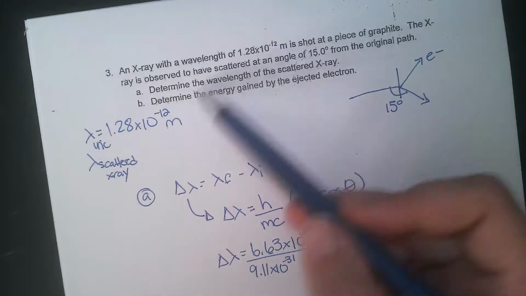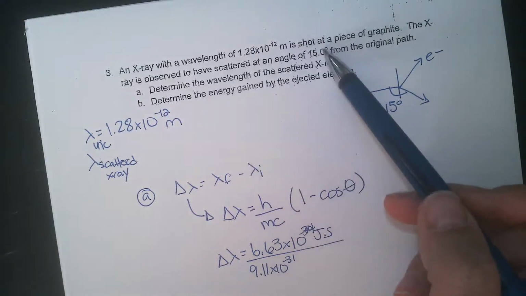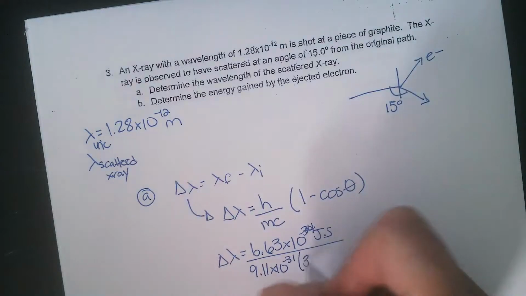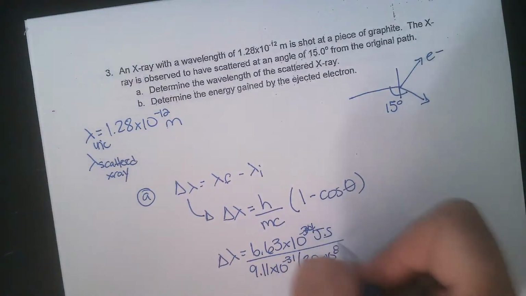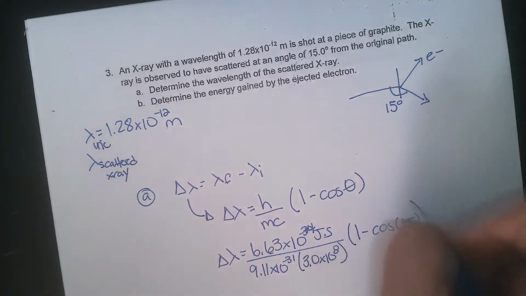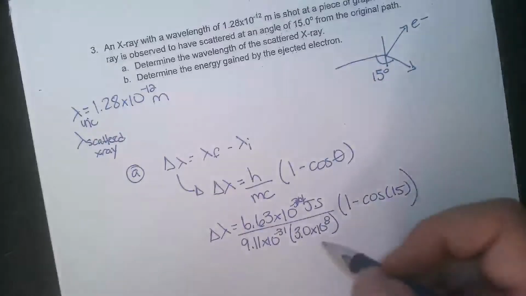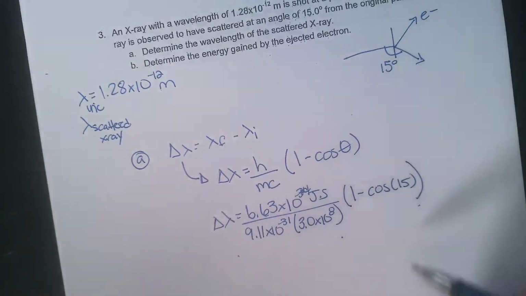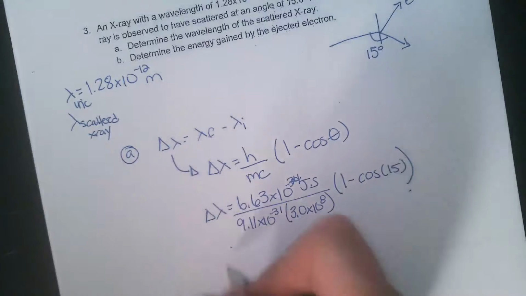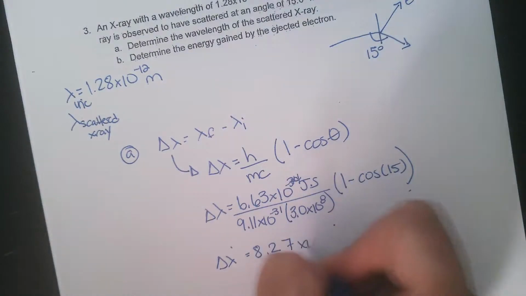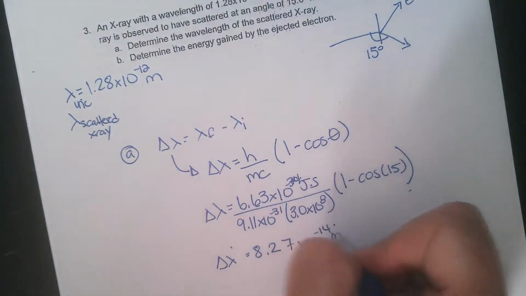Even though it's not stated anywhere in the problem, an electron is what is being ejected from the plate. And we're going to use the speed of light as the constant. When you put this into your calculator, you do this math first, and then this math, and you will see that your change in wavelength is equal to 8.27 times 10 to the negative 14 meters.